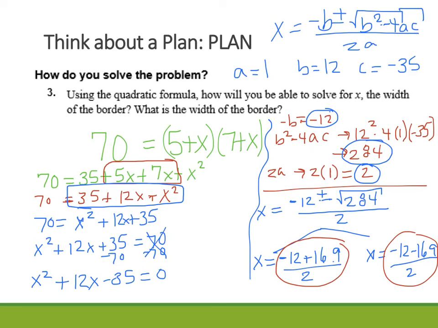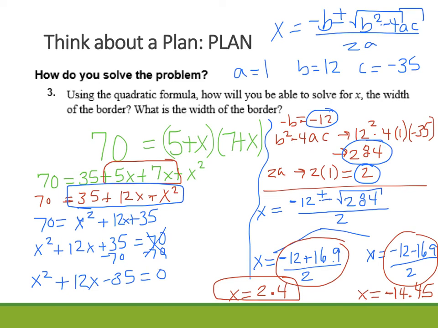And this one would give us x is equal to 2.4, which actually makes a lot of sense to this problem. Over here, our answer would turn out to be negative 14.45. So again, I take negative 12, I subtract 16.9, I get that answer, and then divide it by 2.